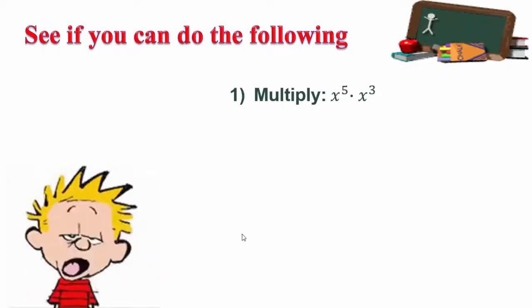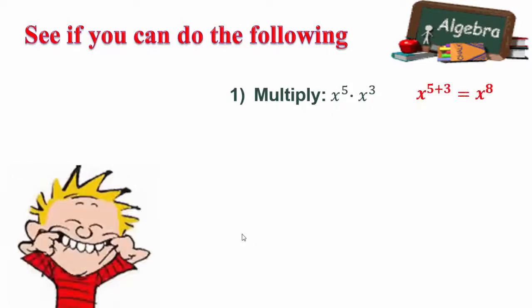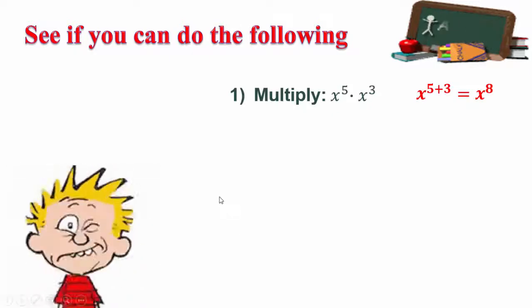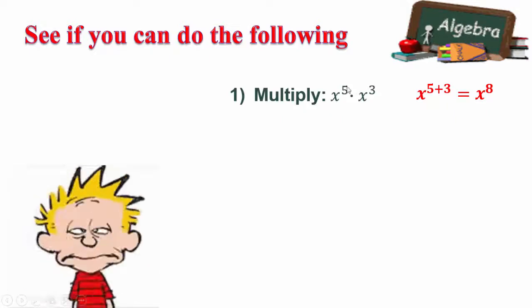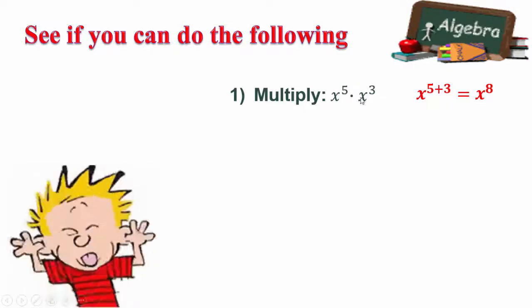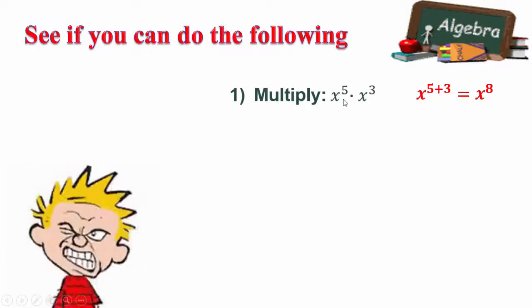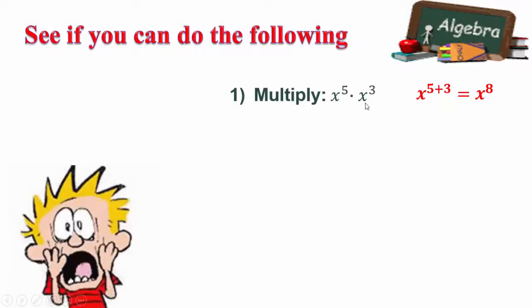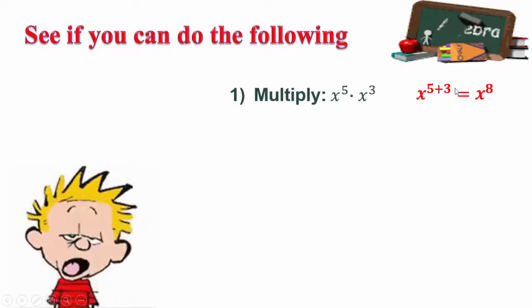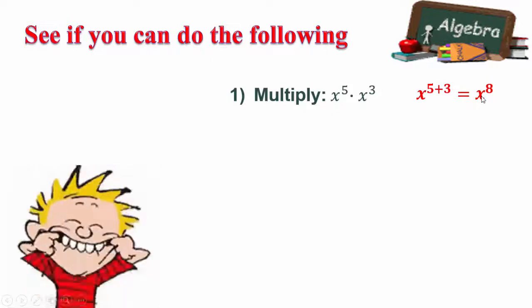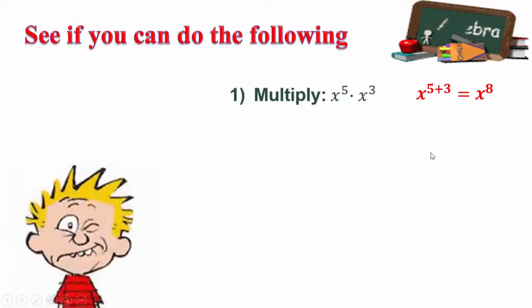So let's see how we can do this. In this case we multiply, and if you've learned it before, you know that if you multiply exponents, you add up the exponents, and that will give you x to the eighth.